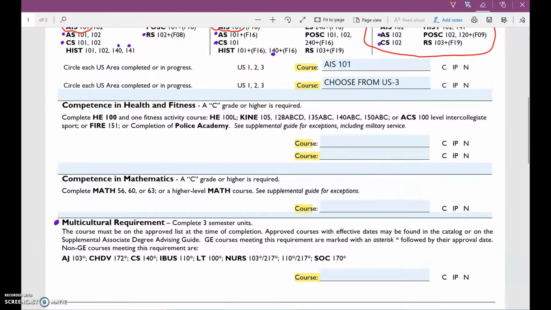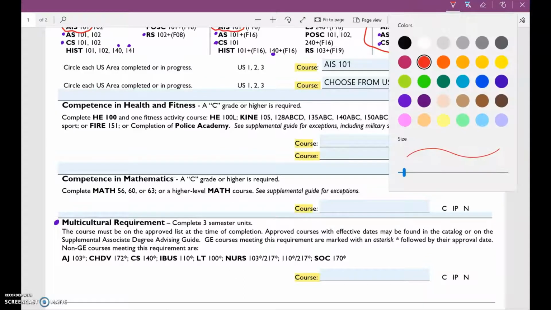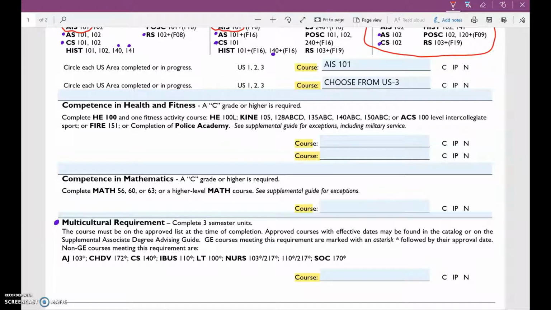So we scroll down here. This second section, for health and fitness, is telling you that you absolutely have to take Health 100. This is a health lecture course, so you'll definitely have to take that.